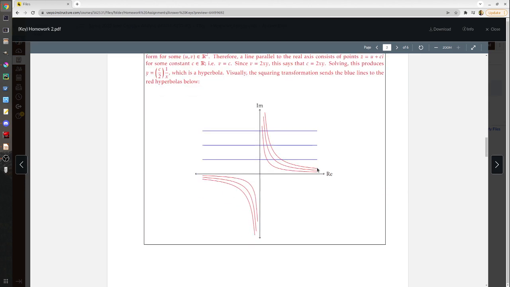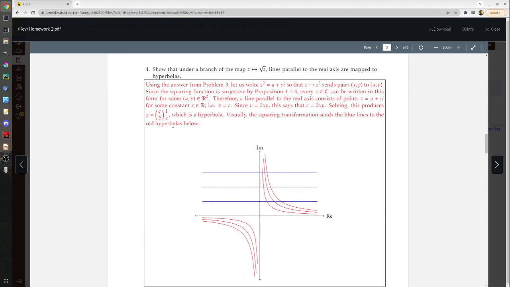And so then you just solve for y in terms of x, and you're done. It's not bad at all. I think a lot of people got more fancy than you needed to be, and I respect that.